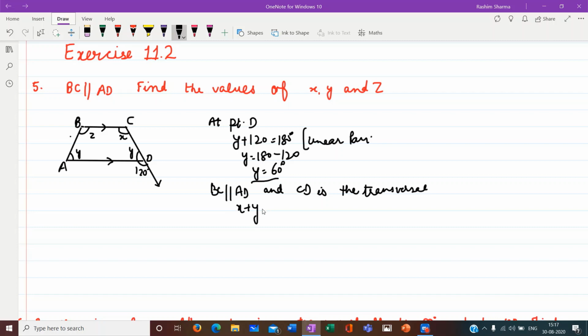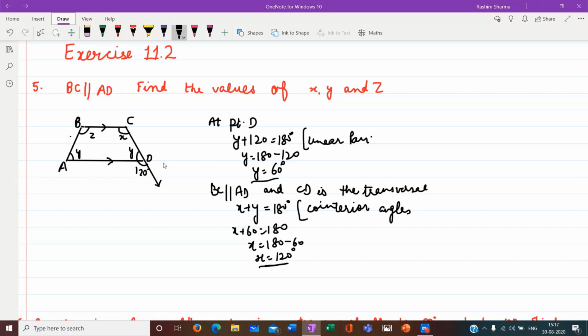So we will write x plus y is equal to 180 degree because we know co-interior angles are supplementary. Now we got y from above as 60 degree. So x plus 60 is equal to 180 degree. So x comes as 180 minus 60. X is equal to 120 degree.